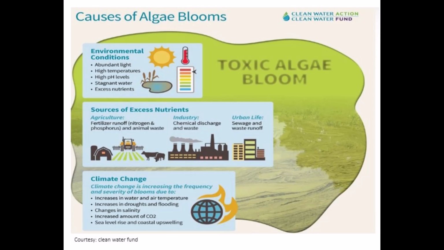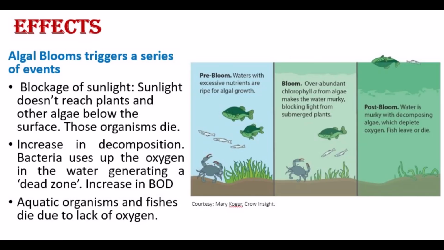Effects of algal blooms can trigger a series of events. The profuse mat-like growth on the surface of the water body may prevent the sunlight from reaching below the surface. As a result, the lower lying animals and small plants, because of want of sunlight, may over a period of time die.